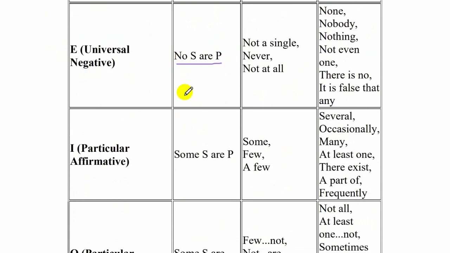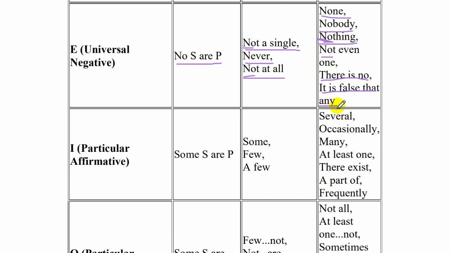Now let us look at E, universal negative: No S are P. The substitute words are: not a single, never, not at all, none, nobody. Nobody means no. Nothing means no. Again, the starting two letters itself say no. Not means no. Not a single means no. Not even one means none.